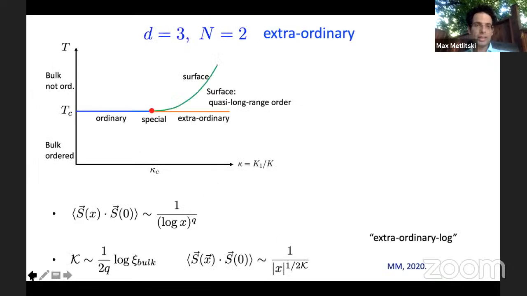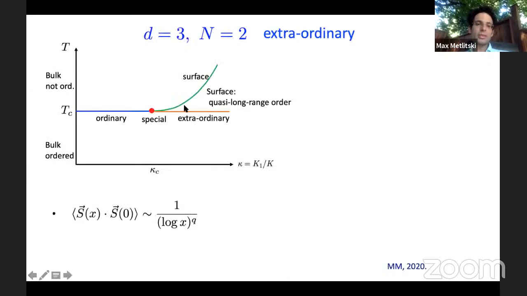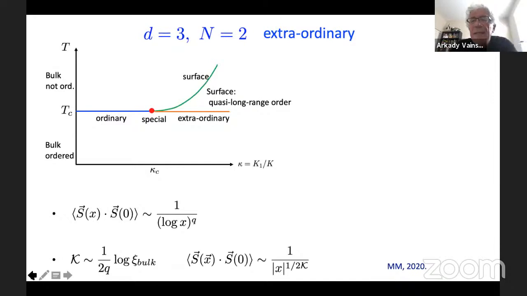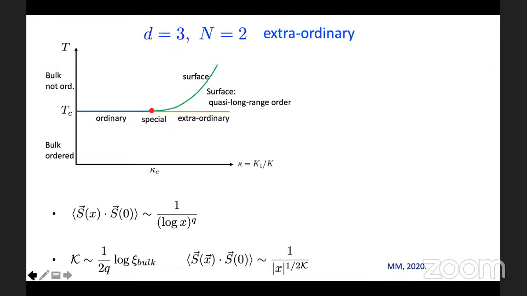First of all, you need to know something about the off-critical theory, right? Because this behavior is really in the off-critical regime. I see. So you need to know some correlation functions in the off-critical theory, which we don't actually know precisely. But I'm not even sure that it's universal, because why should it be universal? Because still this log, as somebody said, has a denominator which is a microscopic length. So it's not obvious that the crossover is universal, is it?